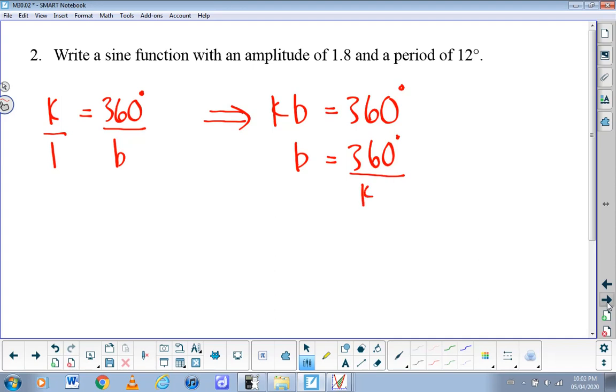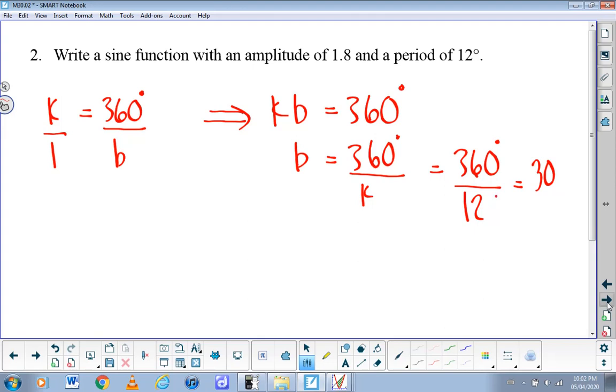This is pretty important that you listen carefully. If you know b and want to find the period, then take 360 divided by b. If you know the period and want to find b, take 360 and divide by the period. So basically what we have to do here is take 360 degrees divided by 12, and I believe that gives us 30.